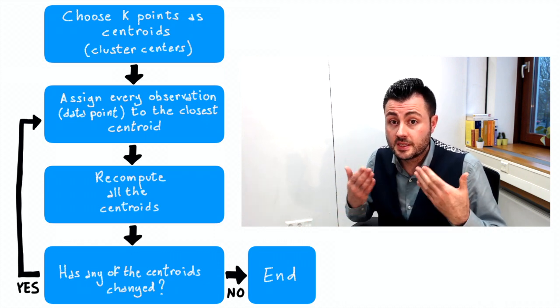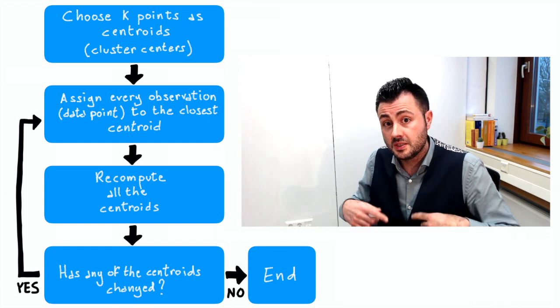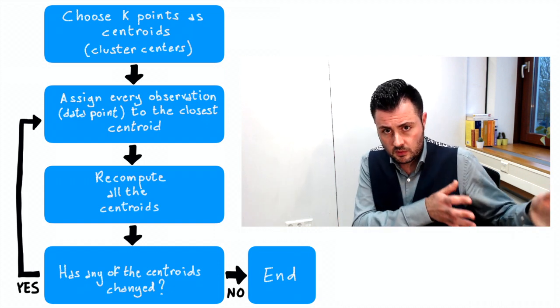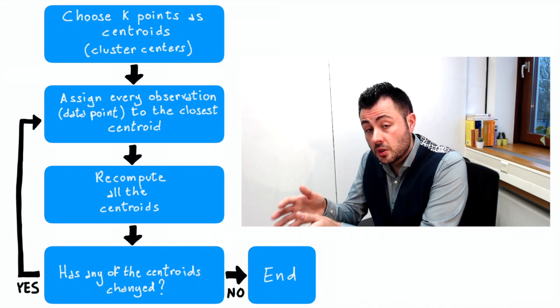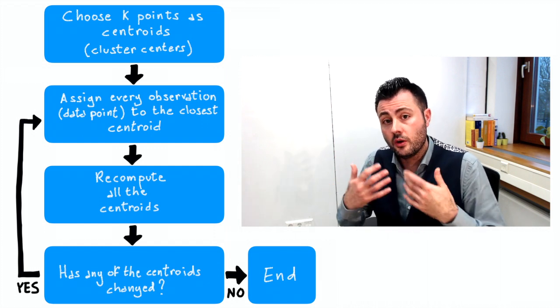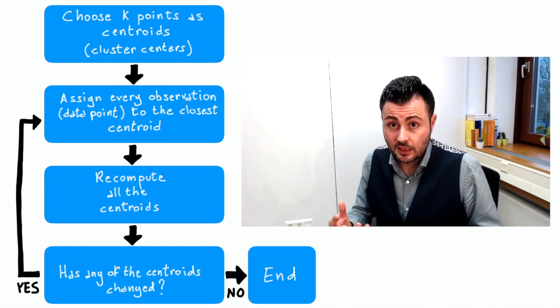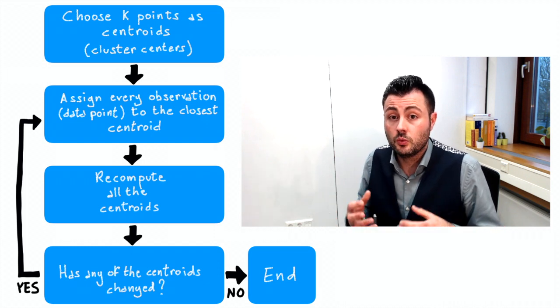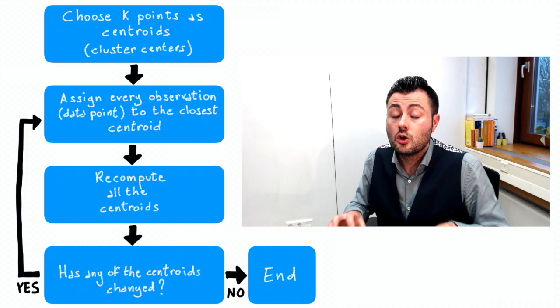What I have to do is, again, to recompute all the distances from the different observations to the different centroids, and I go in this way over and over again until I reach the situation in which the different centroids no longer move.